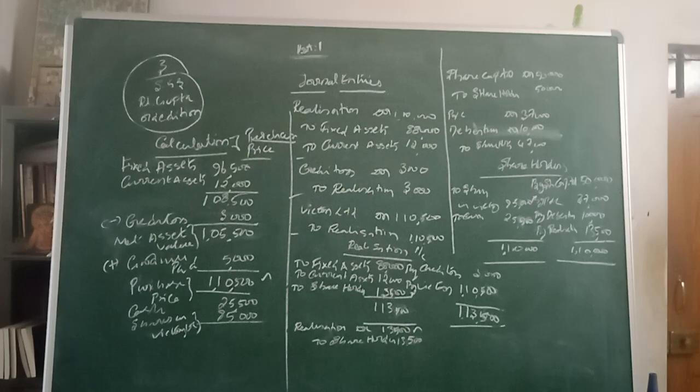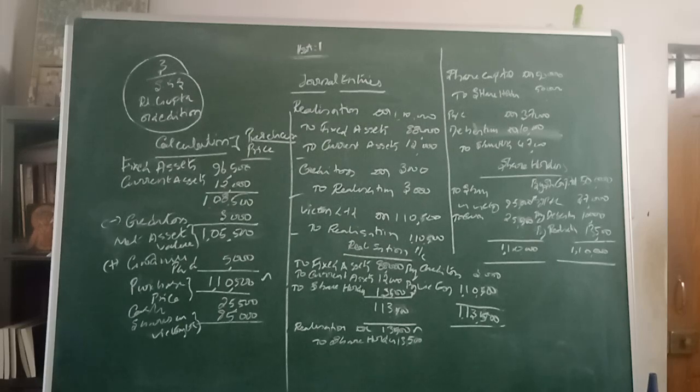That is, the total amount of assets given, less liabilities to third parties. In addition, goodwill of 5,000 rupees is paid, which should also be added to the net value of the assets. So the total purchase consideration is 1,10,500.